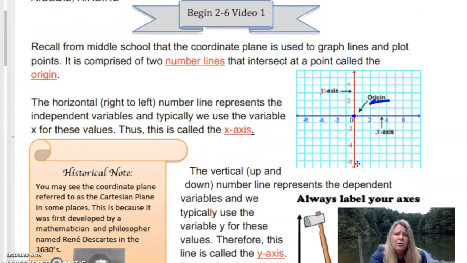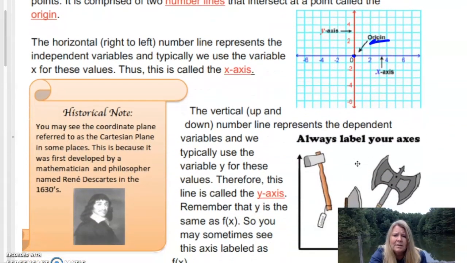Now, the vertical axis is the y-axis, and we usually use the letter y to represent the dependent variable in an equation. So that's the reason why we call this one the y-axis right here.